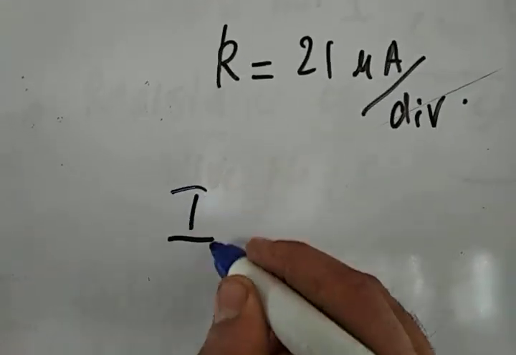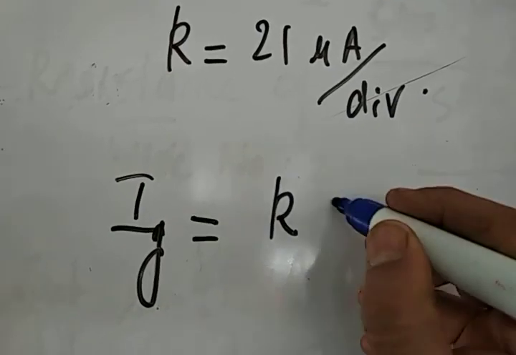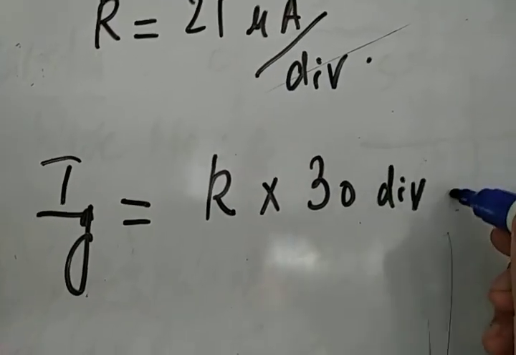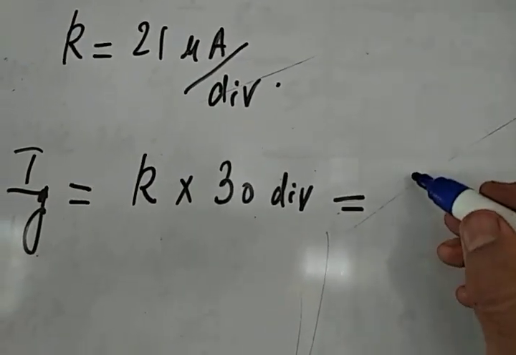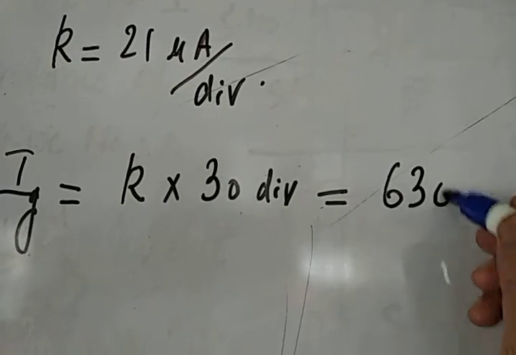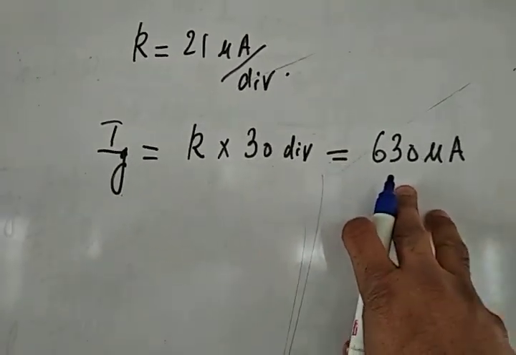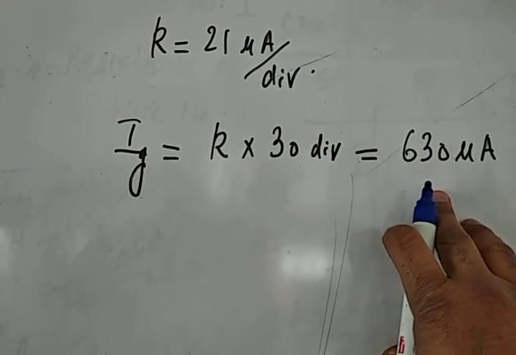So the full-scale deflection current is the figure of merit times the number of divisions, and here we have 30 divisions. If we multiply these two, we get 630 microamperes. So this much current is required to produce a full-scale deflection in our galvanometer.